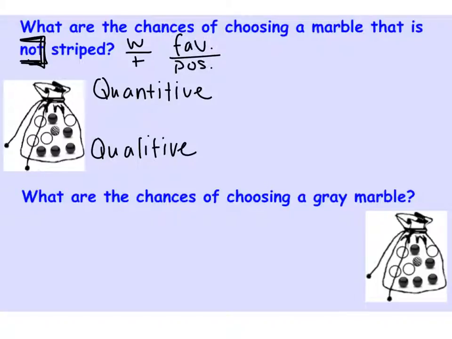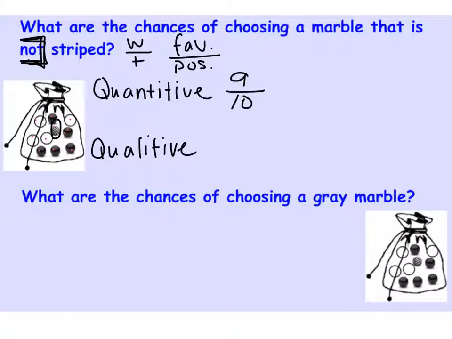So quantitative-wise, we have 1, 2, 3, 4, 5, 6, 7, 8, 9, 10 marbles in this bag right here. I want not striped. So there's one striped marble right here, so that means there are 9 not striped. So 9/10 is our probability. That is simplified.